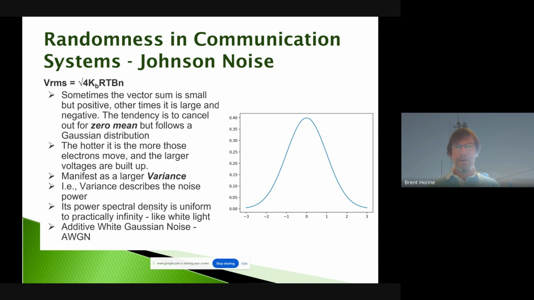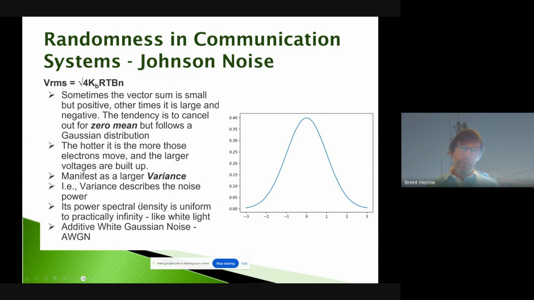If it went off to infinity and you integrated all the energy underneath that constant amplitude in the power spectral density domain, you would end up with infinite energy. So at extraordinarily high frequencies, the noise eventually rolls off in terms of its power spectral density. And so it is bounded in energy.